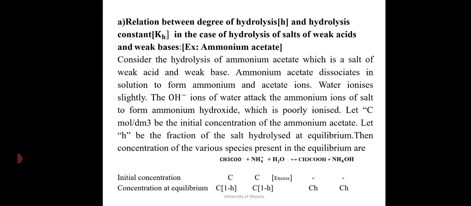Initial concentration of acetate ion is C. Initial concentration of ammonium ion is C. Concentration of acetate ion at equilibrium is C into 1 minus h. Concentration of ammonium ion at equilibrium is C into 1 minus h, whereas the concentrations of acetic acid as well as ammonium hydroxide at equilibrium are Ch and Ch respectively.